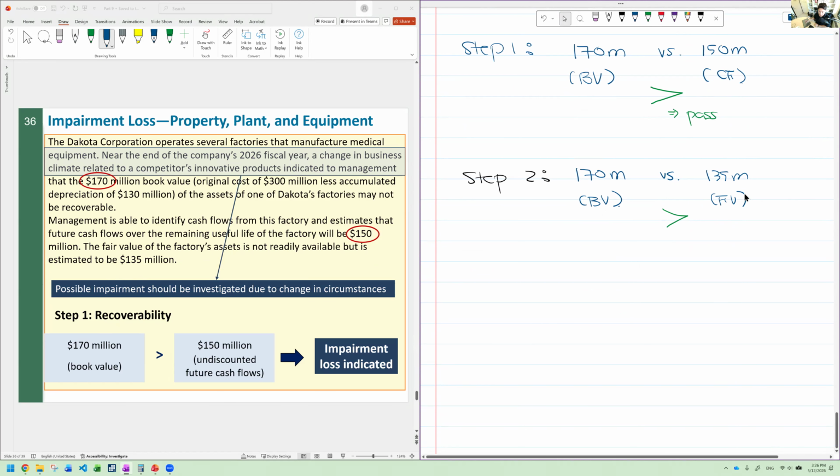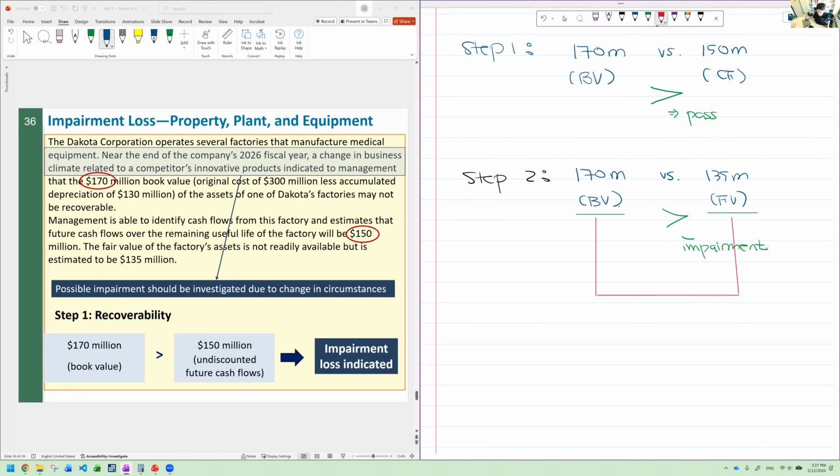So in this case, we determine that this asset lost value significantly. There has been an impairment to this particular asset. How much did this asset lose in value? We take the difference between the book value and the fair value. So the amount of the difference is $170 million minus $135 million.